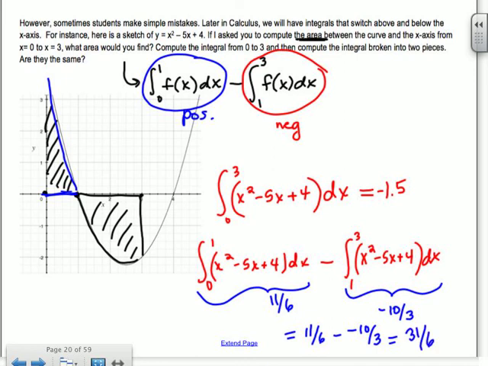All right, so why are those different? What's the difference between the two different things? When I say find the area, how's that different than the integral from 0 to 3? Because the area is like absolute value. Yeah, your area includes only positive areas.